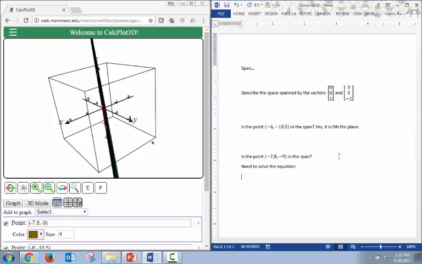So we need to solve the equation that has these matrices on it. So we'll call it x sub 1.